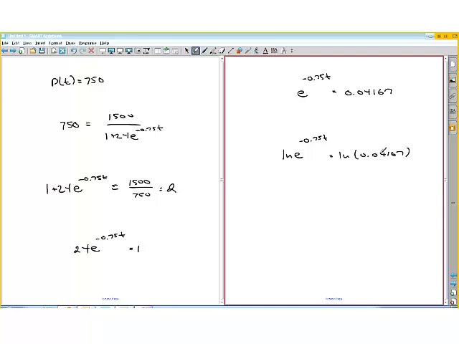So let's take the natural log of that number. I get negative 3.178 is equal to negative 0.75t. So t is negative 3.178 divided by negative 0.75.